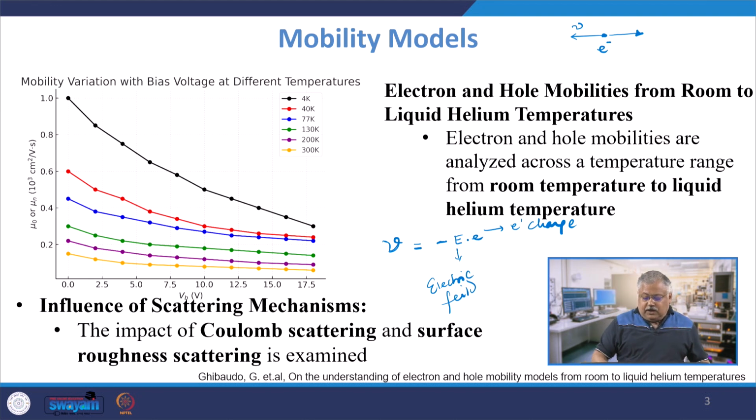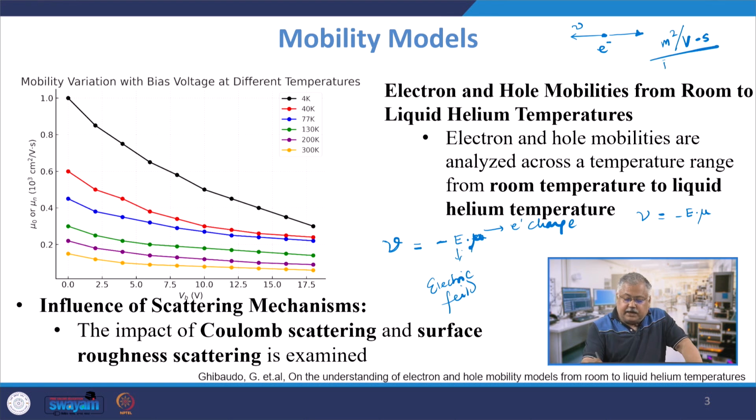Therefore v equals mu times E; this is mobility into electric field. So the velocity is minus mu times E, where mu is the mobility of the charge carriers. The dimension of mobility is meter square per volt second.